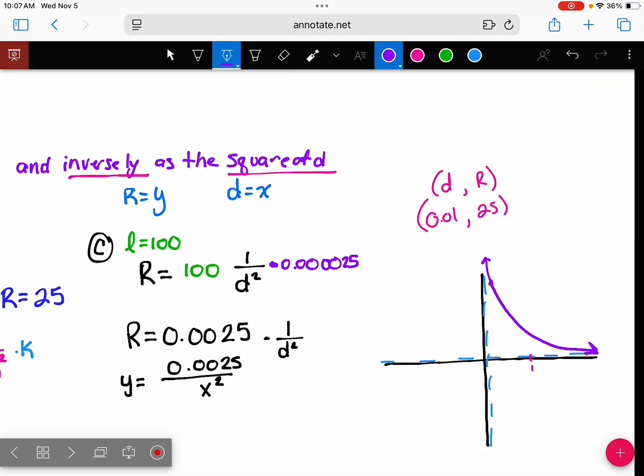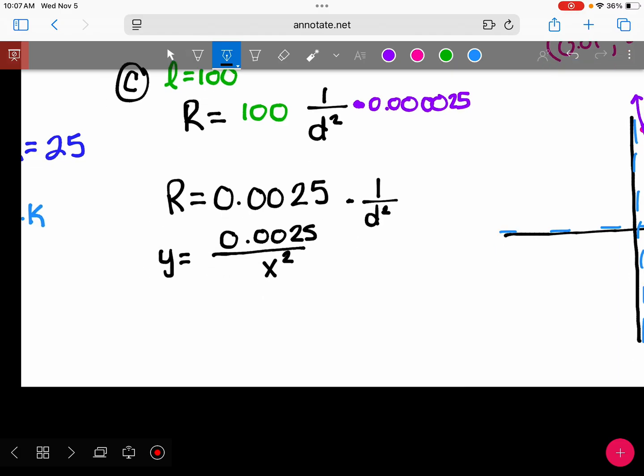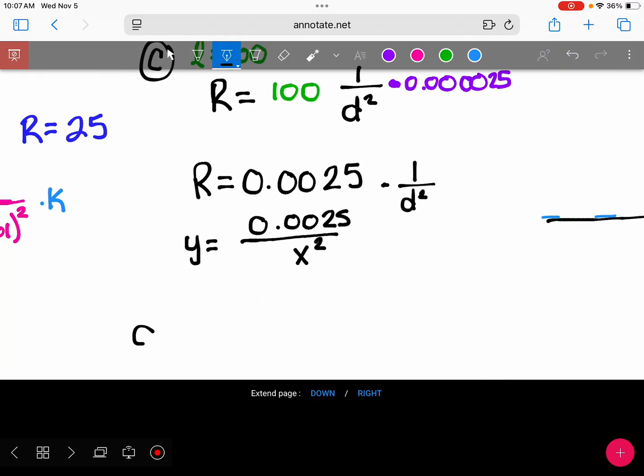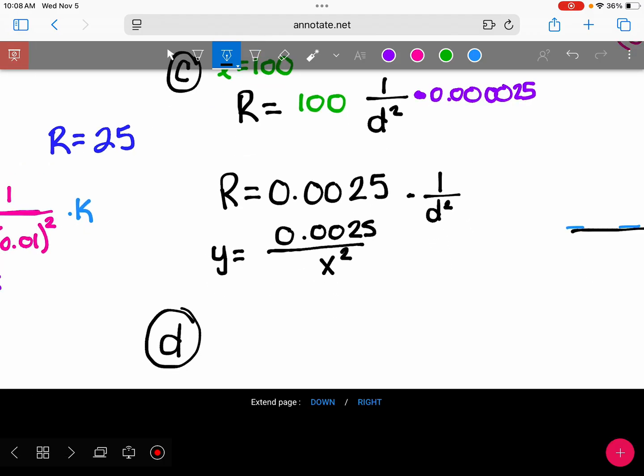The last bit of this question, because there's one more bit, was to make a prediction. So part D was to use our equation. We know that the diameter they're giving us is going to be 0.015, and the length is going to be 50.